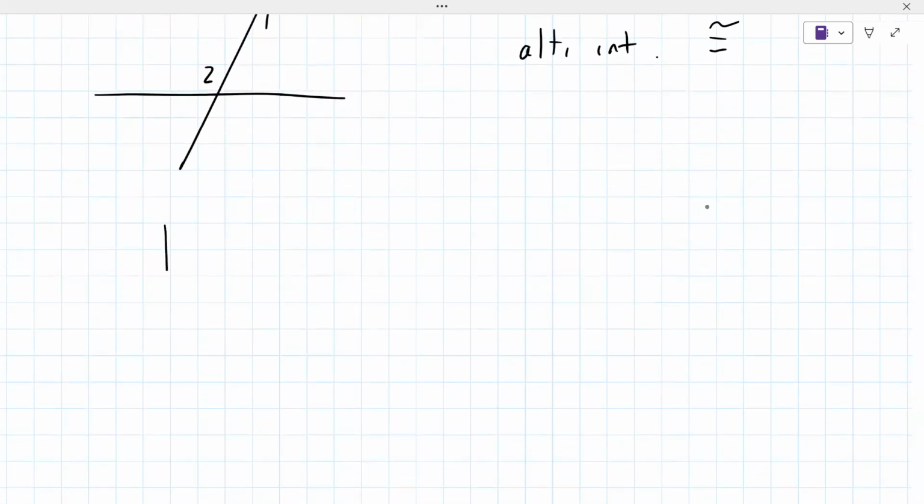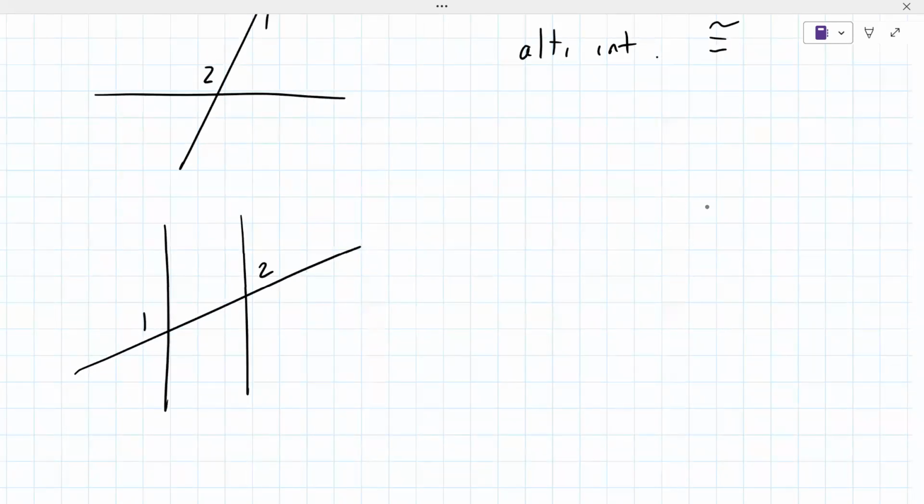All right, next one here. Oh wait, it's like flip. Are those same side interior? Wait, exterior. Yeah, good. Same side exterior. Now, are they congruent or do they add up to something? They add to 180.